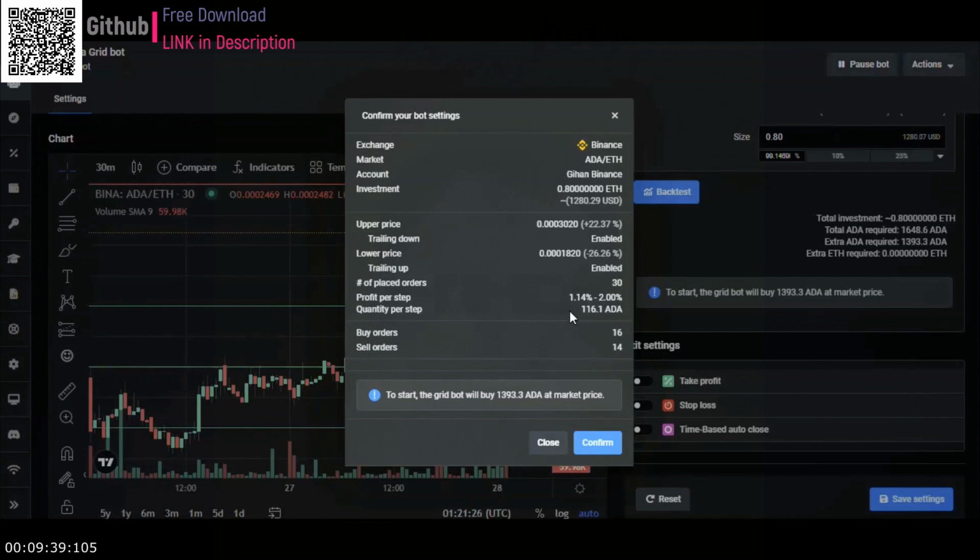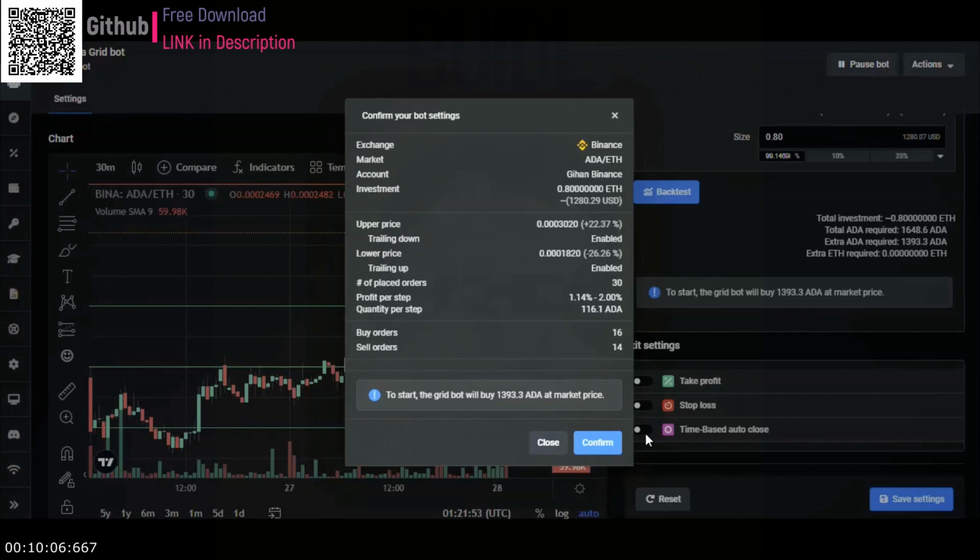So with $45 each step, 1% means around $0.5 profit for each order execution, right? So buy orders 16 and the sell orders would be 14, right? To start the grid bot, it will buy 1393 ADA at the market price. So if you're happy with this one, you can confirm the bot.